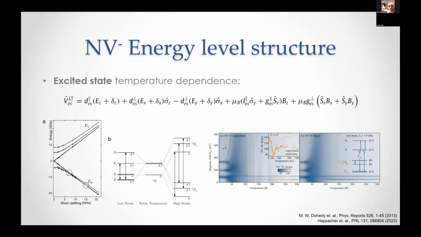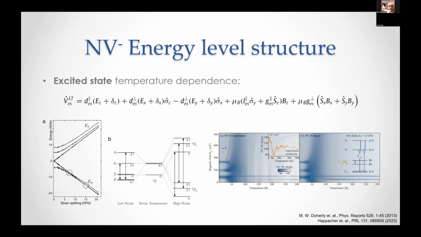Okay, so maybe the important takeaway message is that what I showed you earlier, the structure of the excited state, is not trivial. These are 6 levels, 2 orbitals, and 3 spin substates. And they will, of course, depend on the basic parameters like the zero field splitting and so on, but also on strain and other external fields that might be around. And they have to be taken into account when you're thinking about the dynamics within the excited state at low temperature.